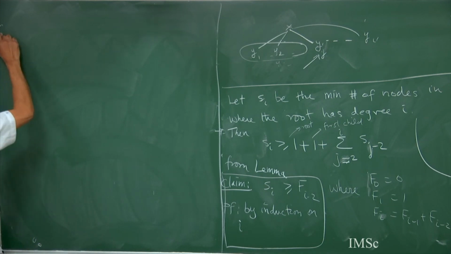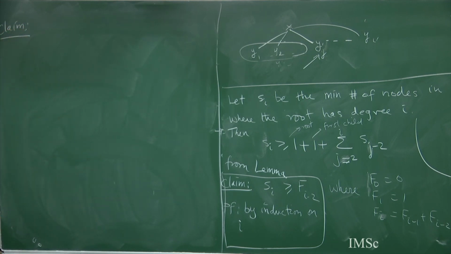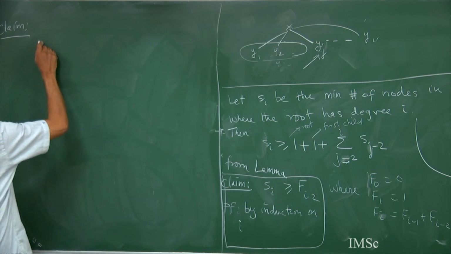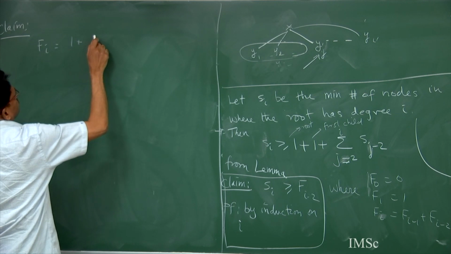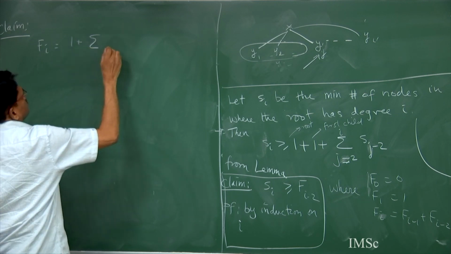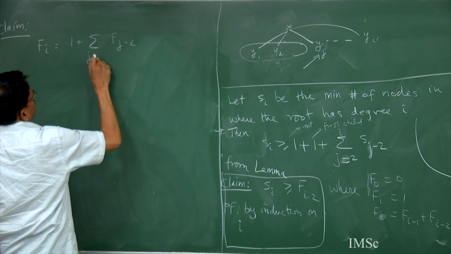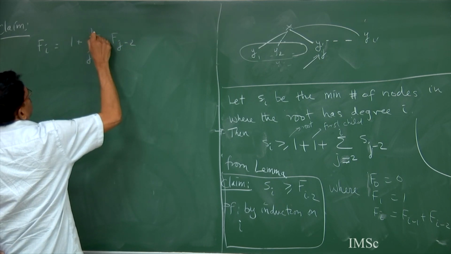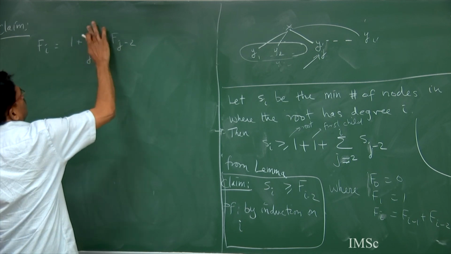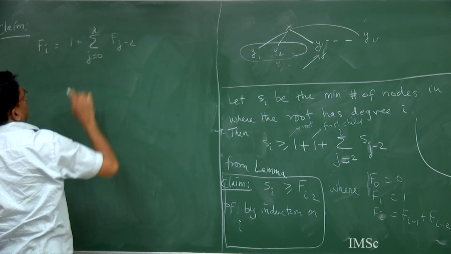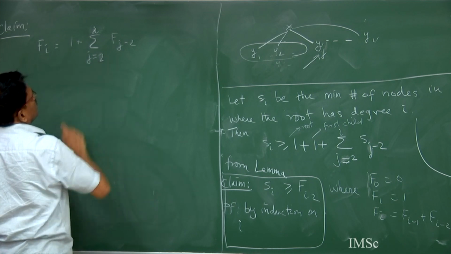So let's write claim. This is what I wanted to write. Fi equal to 1 plus... 2 to I. Okay, maybe that's why.